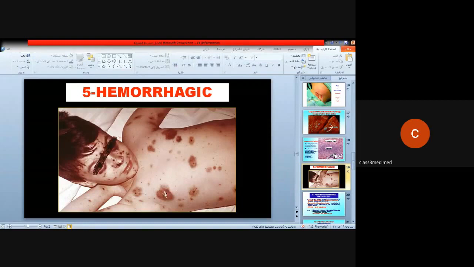This is due to inflammation of blood vessels in the skin, which is called vasculitis. Vasculitis, inflammation of small blood vessels in the skin, causes hemorrhage and produces these hemorrhagic patches. This is the morphological pattern of hemorrhagic inflammation.